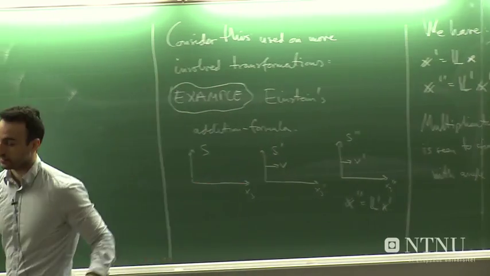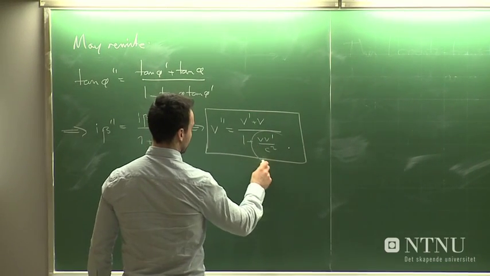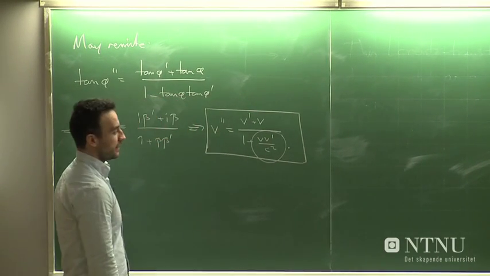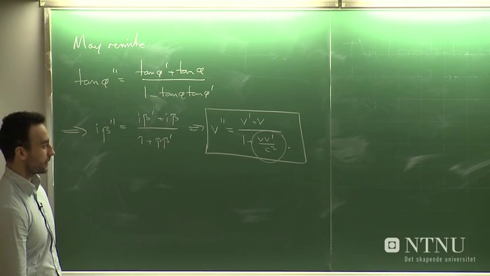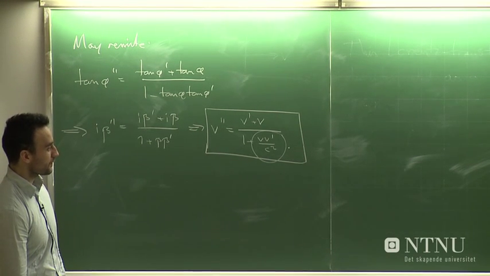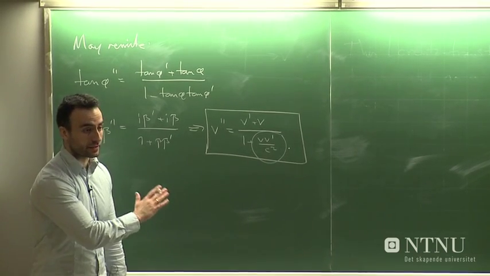But this is not the case, due to this term. So we have an additional term here in the denominator. All right, so this is Einstein's addition formula, by the way.